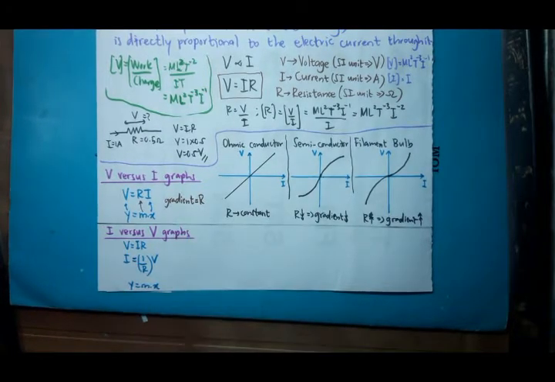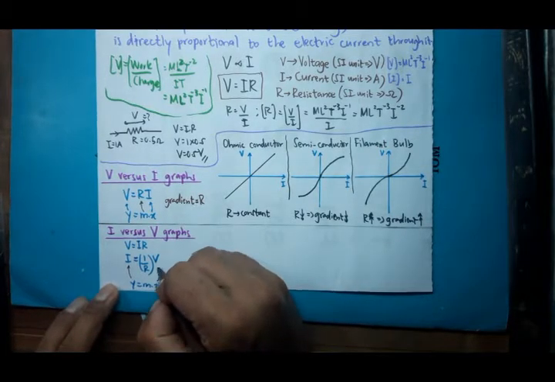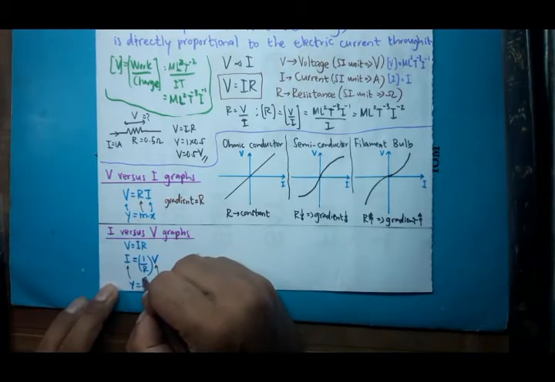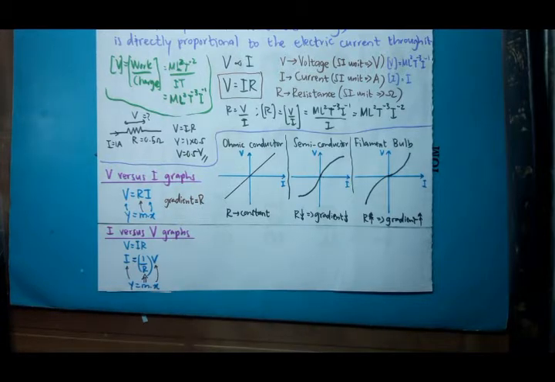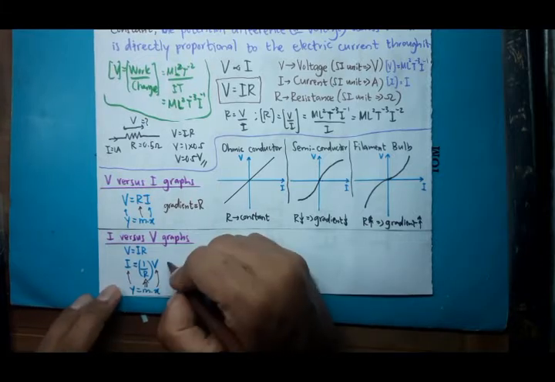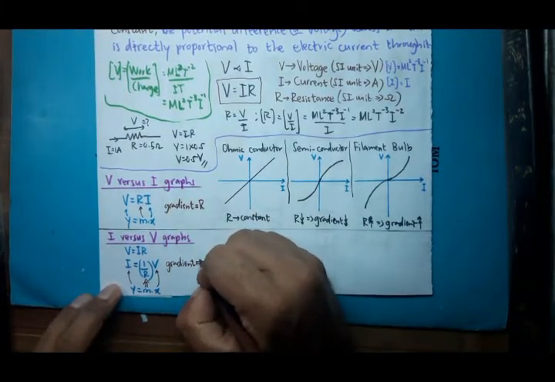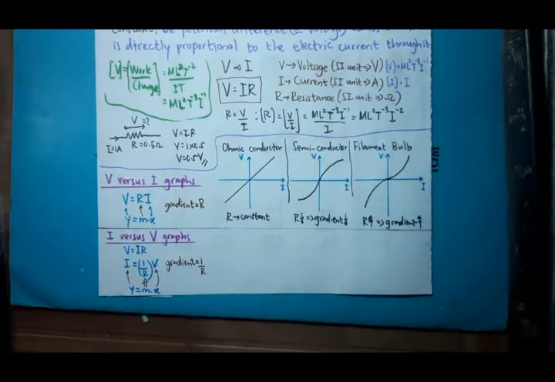Just like I told before, on the y-axis we will have current, on the x-axis we will have voltage, and the gradient will be 1 over R, not R, the reciprocal of the resistance. So the shapes of the graphs will be the exact opposite compared to these.